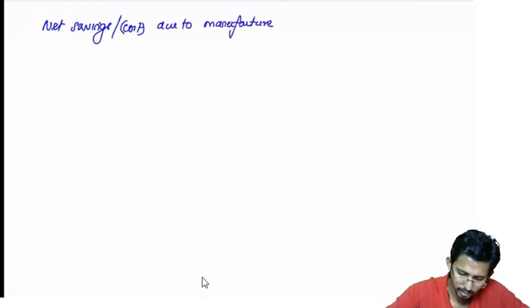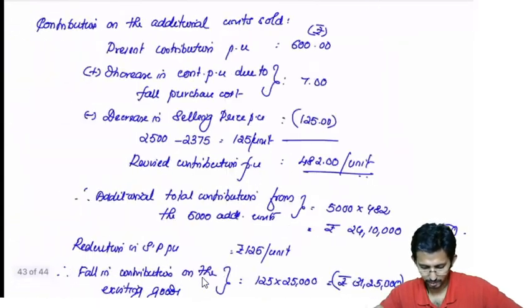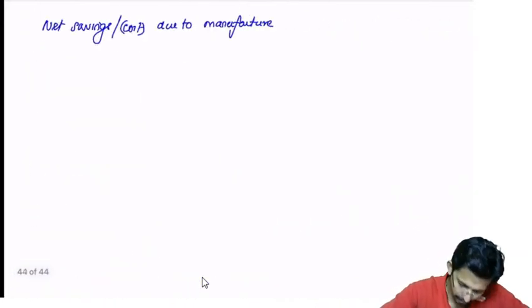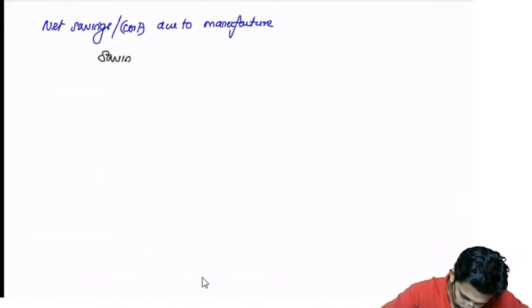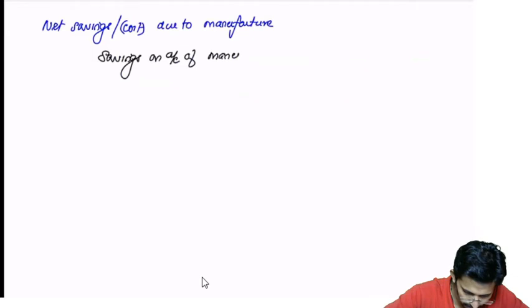Okay, how do you do that? First one was savings on account of variable cost, 1,75,000 on account of manufacture.